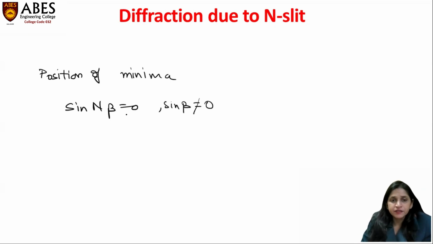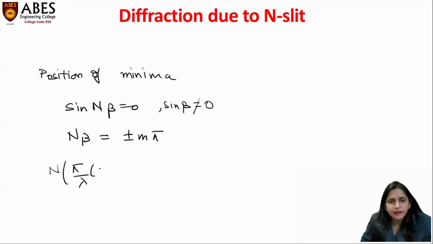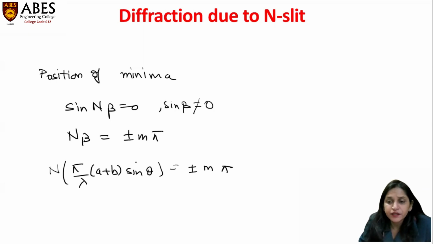So if sine N beta is 0 for the position of minima, what is the value of N beta? N beta is plus minus m pi. Again, if we keep the value of beta, that is pi by lambda (a plus b) sine theta, we get plus minus m pi. We are using the integer m over here because in beta we have already used n.